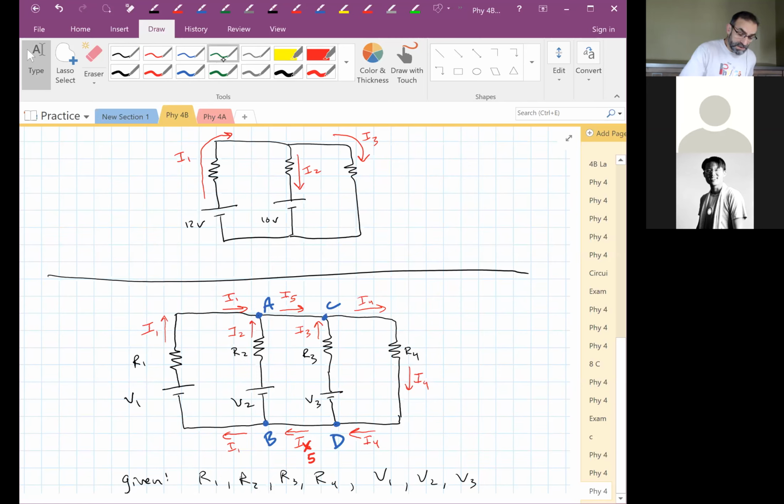Let's see, what am I going to use? Green. So this would be positive, negative, positive, negative, positive, negative. Batteries, doesn't matter what direction the current is flowing, the long line is always higher potential than the short line. Resistors, it depends on what direction you chose as your current. So if the current is flowing up, the bottom is at higher potential than the top. And if it's going down, the top is at higher potential than the bottom.